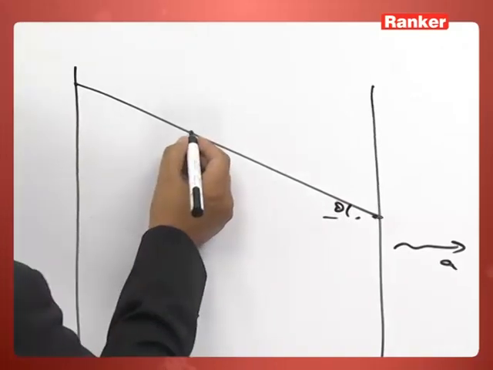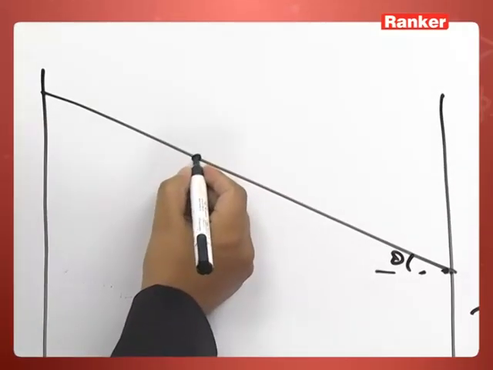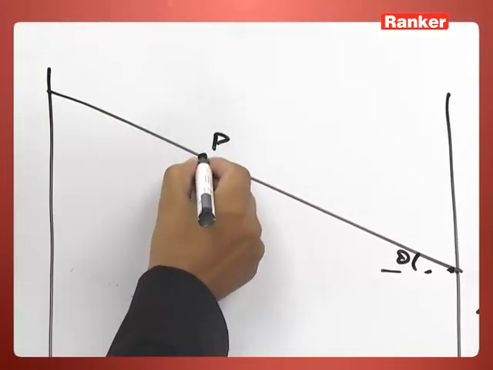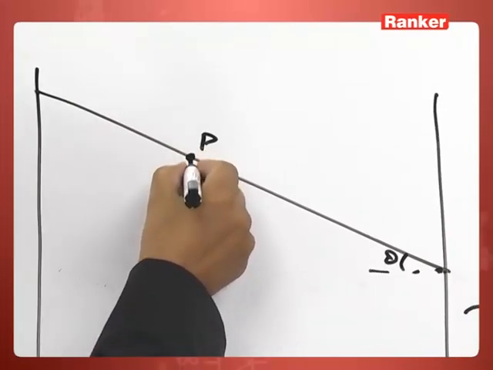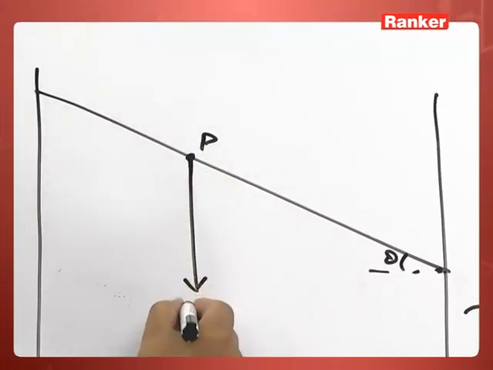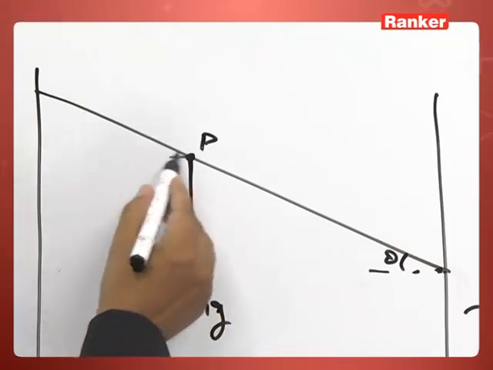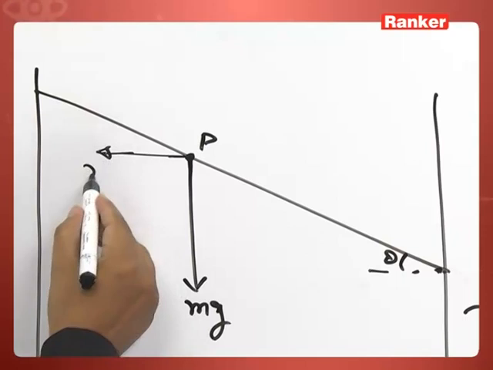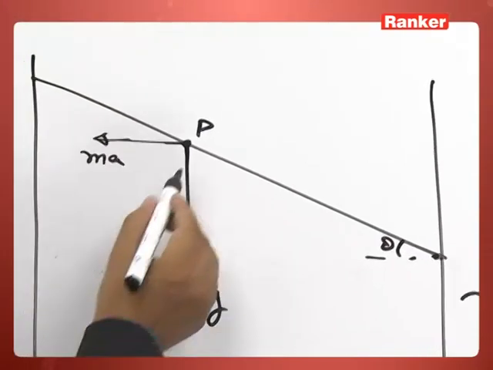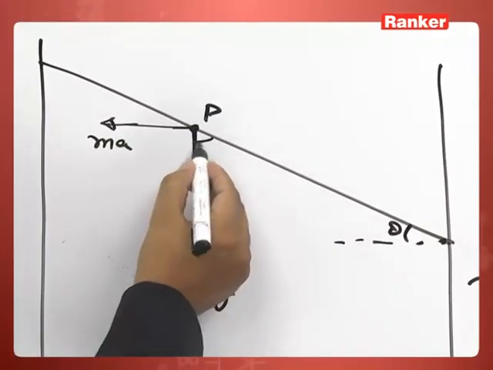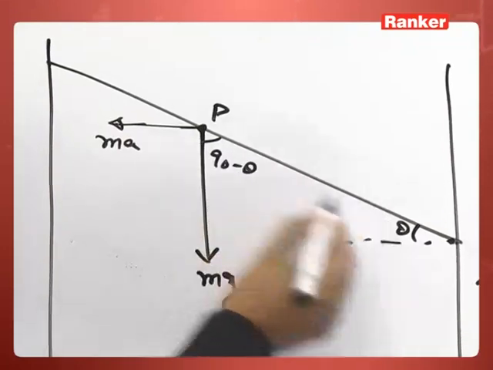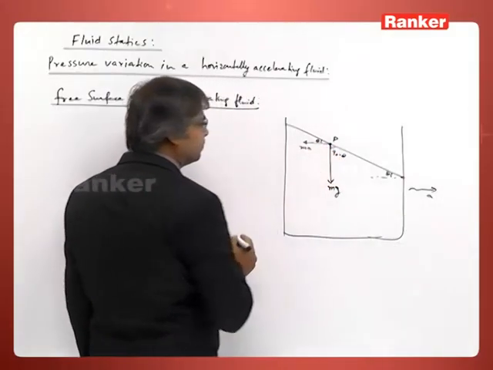What I do? I take a small fluid particle called P here and draw its free body diagram. So, on this fluid particle there is mg, its weight, and there is a pseudo force ma in this direction. So, this is theta, this angle is 90 minus theta and this angle is theta.